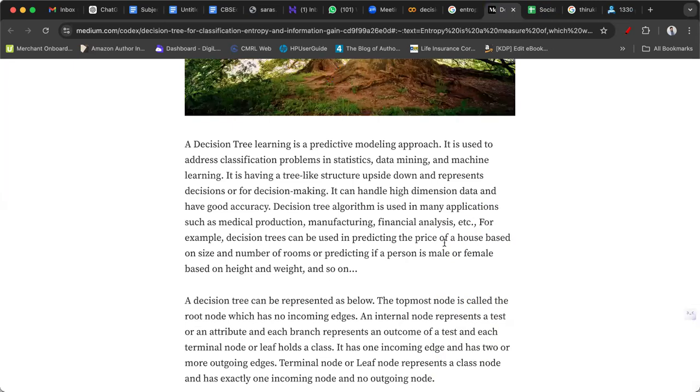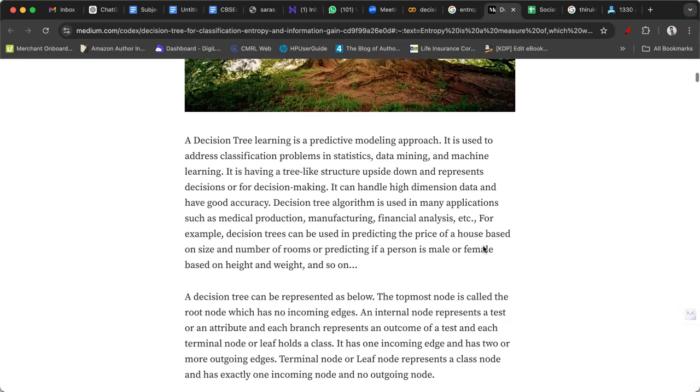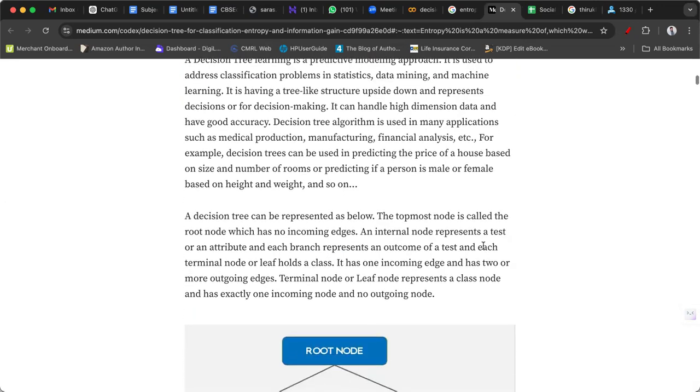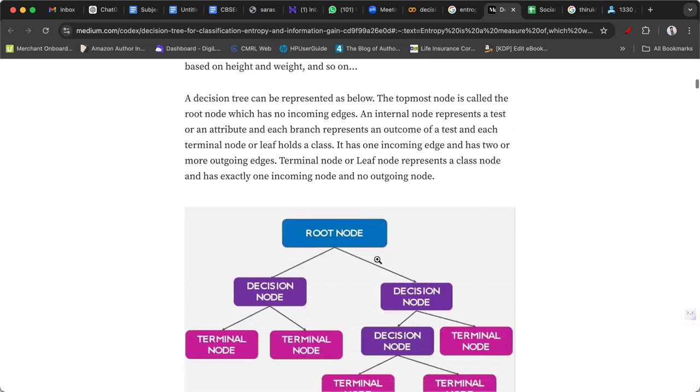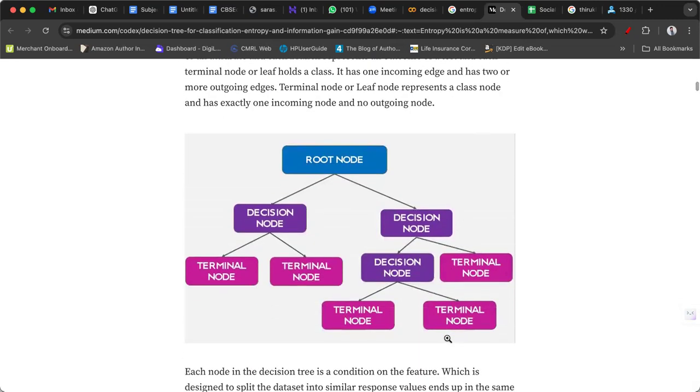Right. So decision tree learning is a predictive modeling approach. It is used to address classification problems in statistics, data mining, and machine learning. It has a tree-like structure, upside down, and represents decisions. I think all these decisions we have already discussed during the regression models.